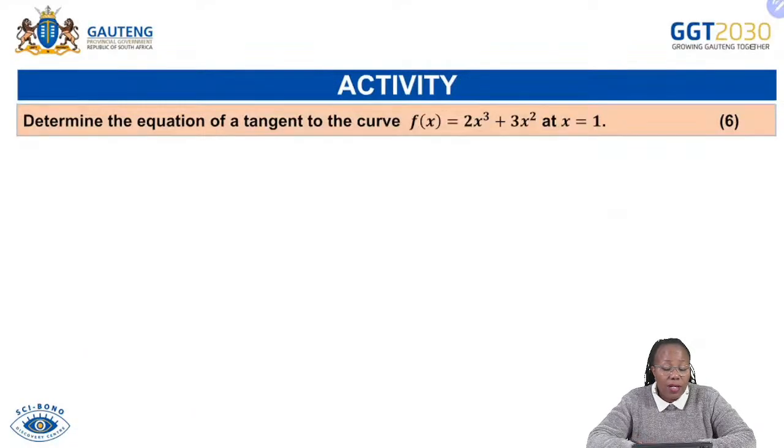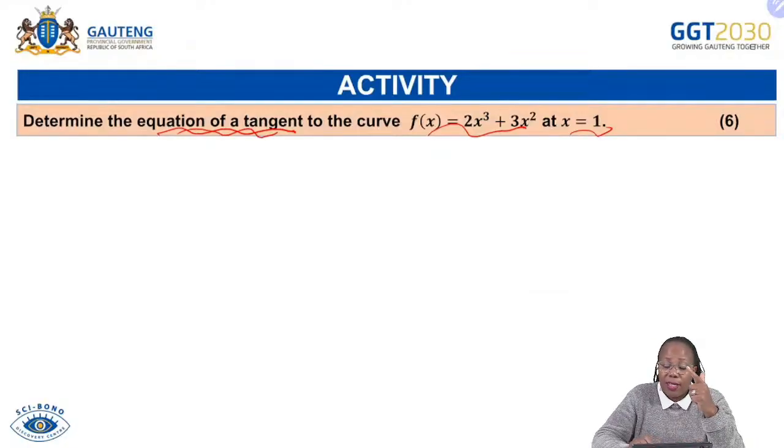And then in this case, you are determining the equation of a tangent to the curve f at x equals 1. Determine the equation of a tangent of this function when we are given x equals 1. Do you still remember the method? A tangent is a straight line. You need a gradient and a point. In this case, you have only x equal to 1.